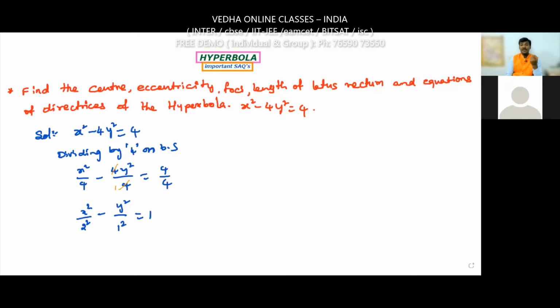So we have the standard form of the ellipse and hyperbola. Ellipse and hyperbola are approximately the same. Here if we have plus, that is an ellipse, and minus means hyperbola.